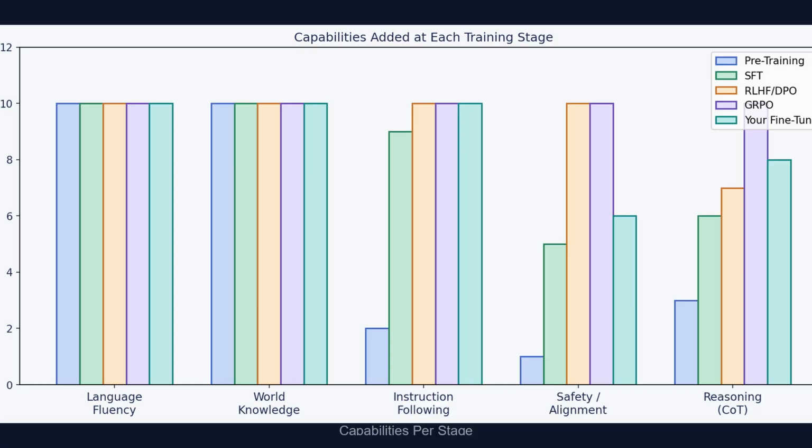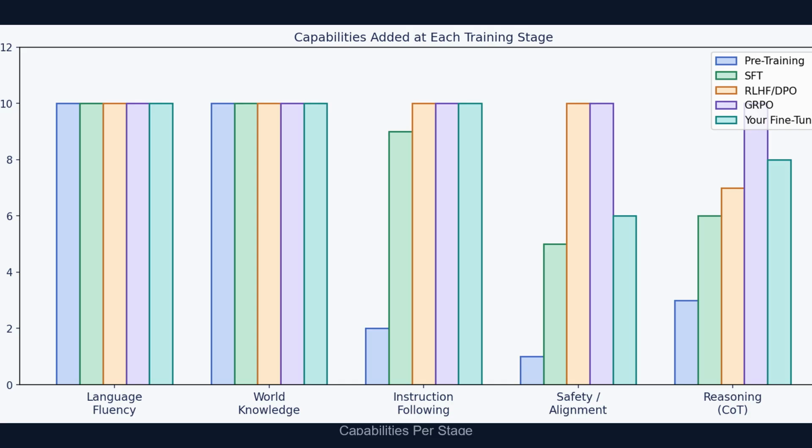This chart maps each training phase to the capabilities it develops across 5 dimensions: language fluency, world knowledge, instruction following, safety and alignment, and reasoning. Pre-training dominates on language fluency and world knowledge. Those 2 dimensions are almost entirely built in that first phase. SFT is where instruction following ability jumps dramatically.